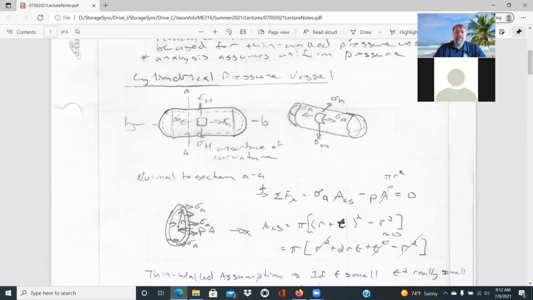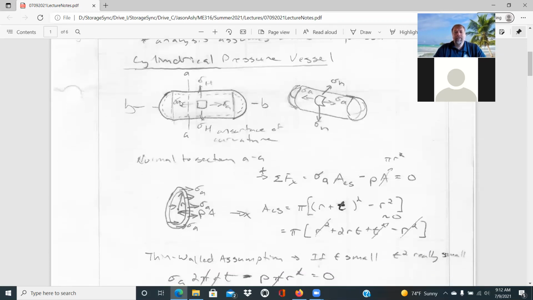And then we'll look at various cutting planes. If we were to cut through AA, we can look at what the axial stress would be. And if we cut through the plane BB, we can see what the hoop stress would be. Looking at that, again, we just have a pressure inside of here. And we look at a section normal to AA.